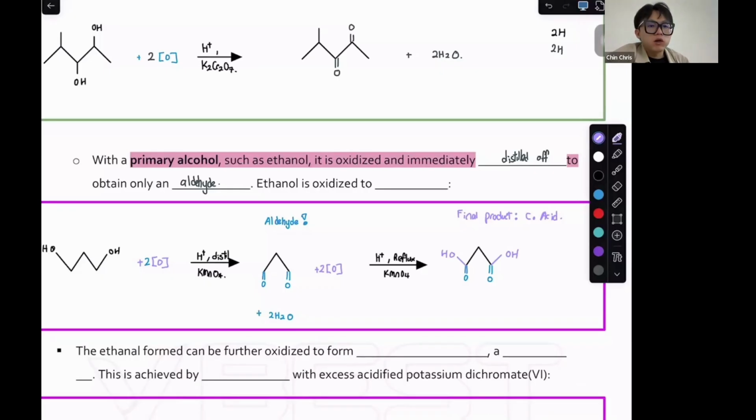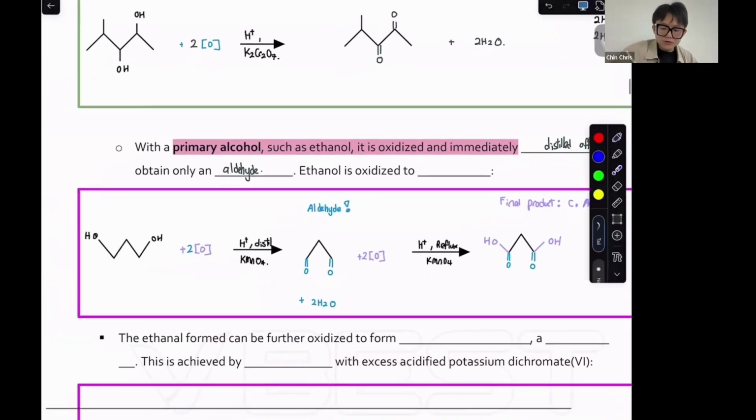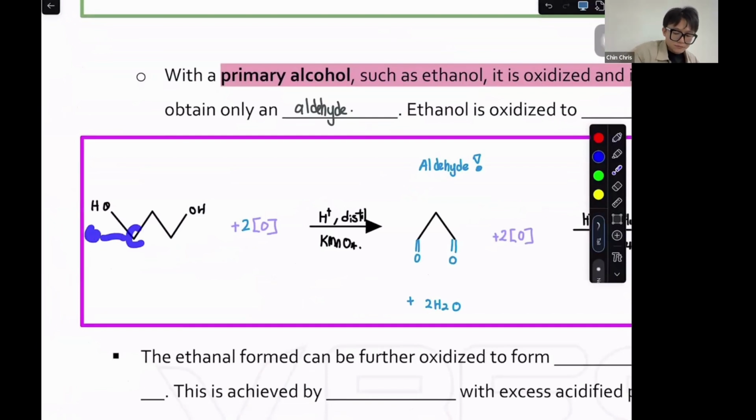Which first part? Okay, the aldehyde, you see? OH, H, correct or not? So I remove one H, so you have two HO.